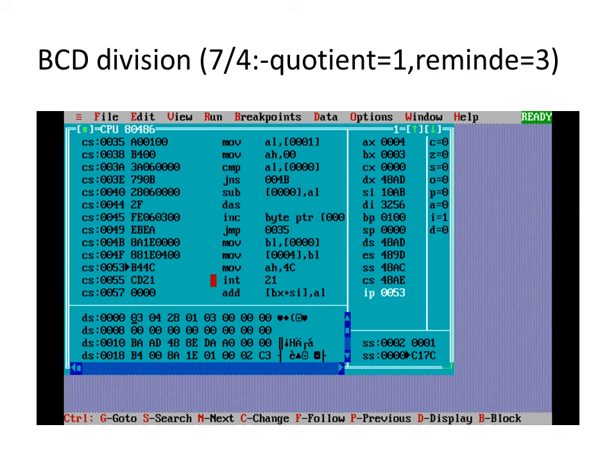Sorry, 7 divided by 4: 1 is the quotient and 3 is the remainder. So you can see 1 is the quotient here and 3 is the remainder.